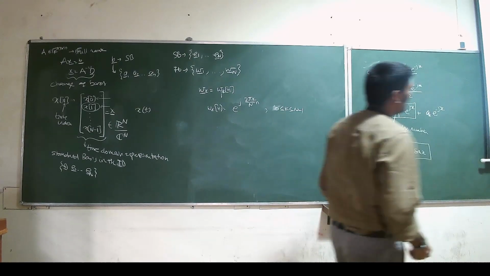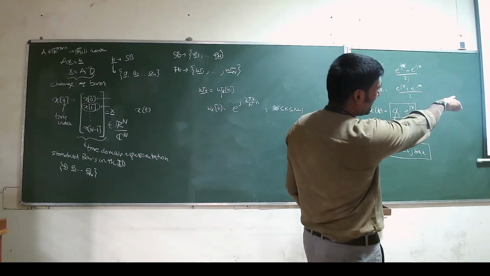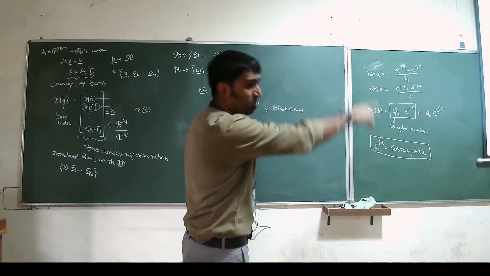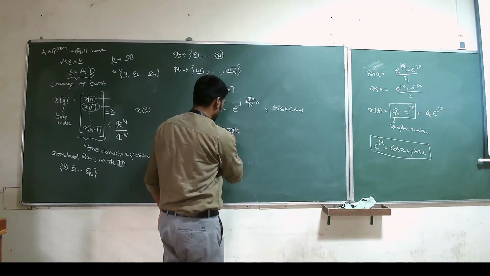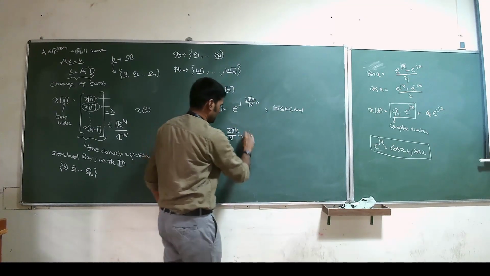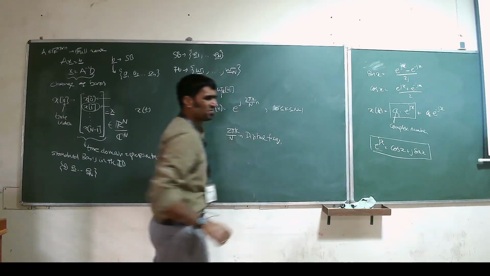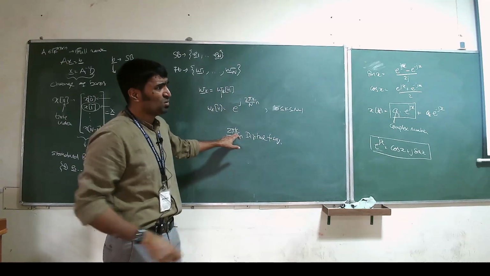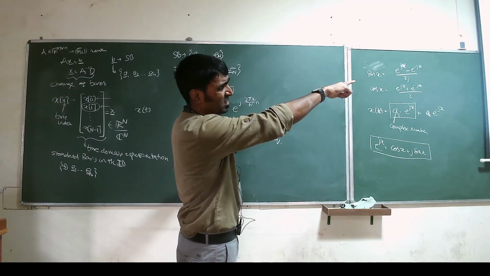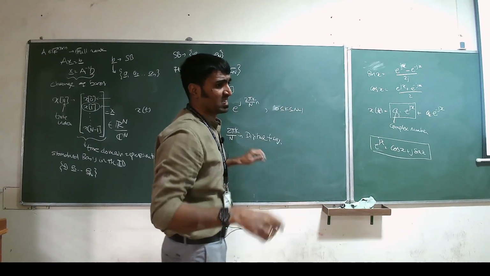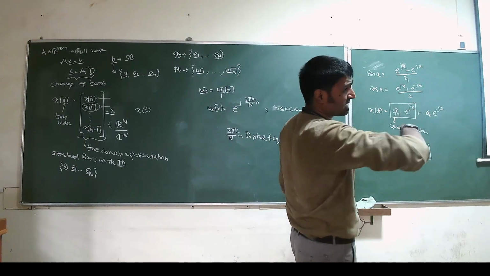So Wk is a complex sinusoid with digital frequency 2 pi k divided by n. When k is 0, that's essentially DC. For higher values of k, you have a time varying signal. As the value of k increases, you have sinusoids that vary faster and faster.